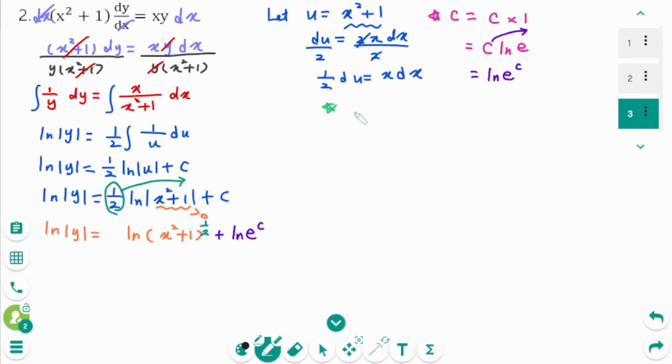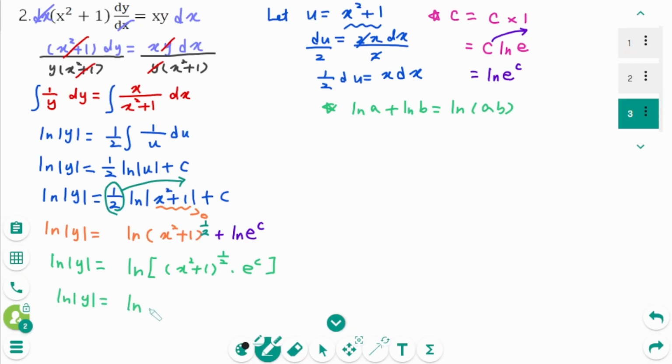Use the logarithmic property: ln a plus ln b equals ln a times b. Then back to the original. Ln absolute value of y equals ln a part plus ln b part is ln a times b. Then ln absolute value of y equals ln, we can rewrite as e to the power of c, this part we can rewrite as square root of x squared plus 1.